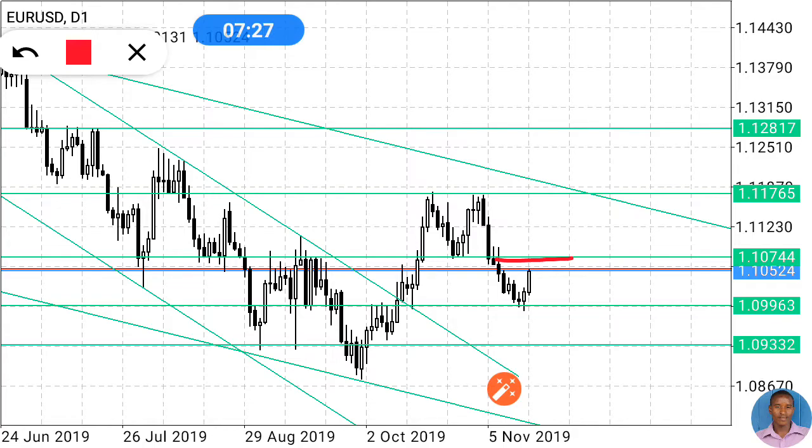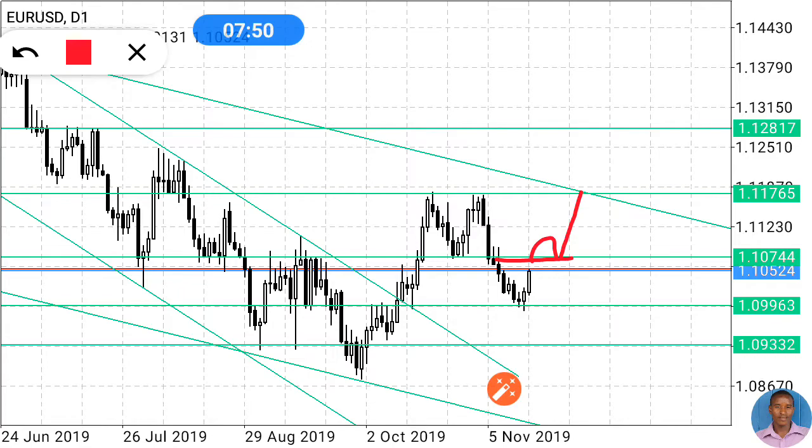When I say break, it means the candlestick will close above that horizontal line. If it closes above that horizontal line, it might expose the next horizontal line, which would be this movement to this horizontal line, as you can see.